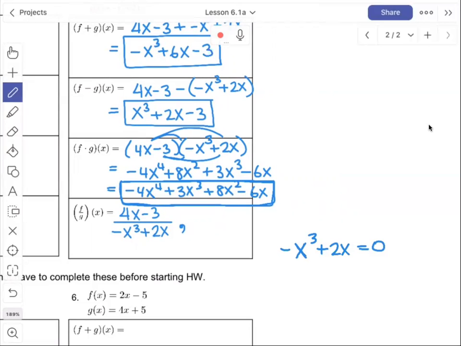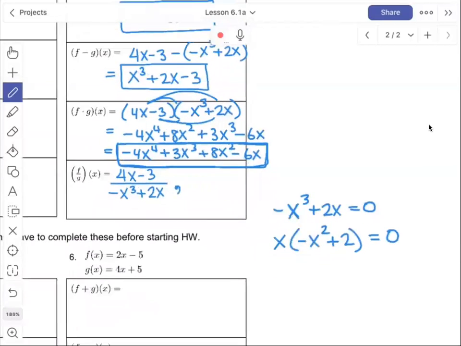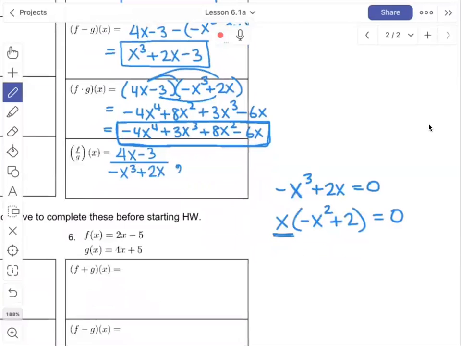I would actually factor here to solve for x. So I would take out an x. Because it's equal to 0, if you factor it here, you can figure out that here I get x is equal to 0. Here you set the other factor equal to 0, and then you can solve for x.